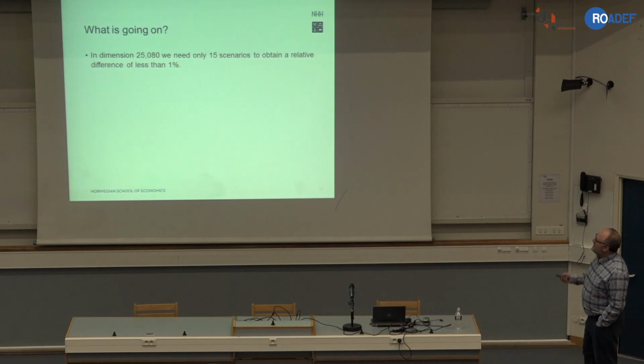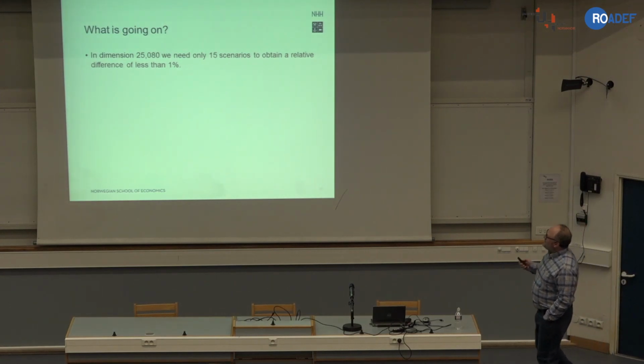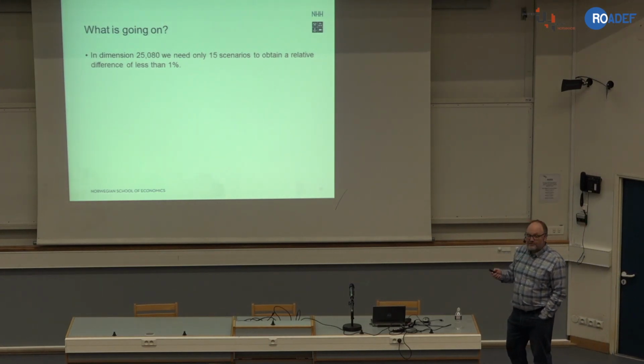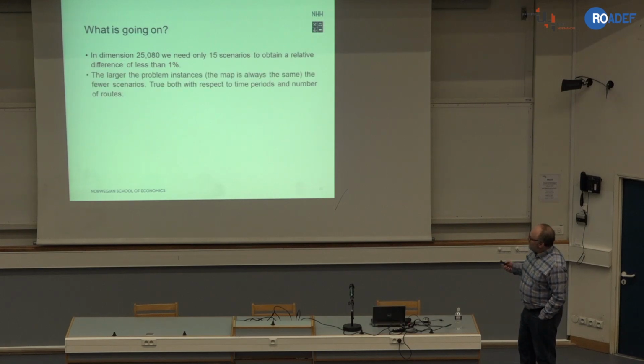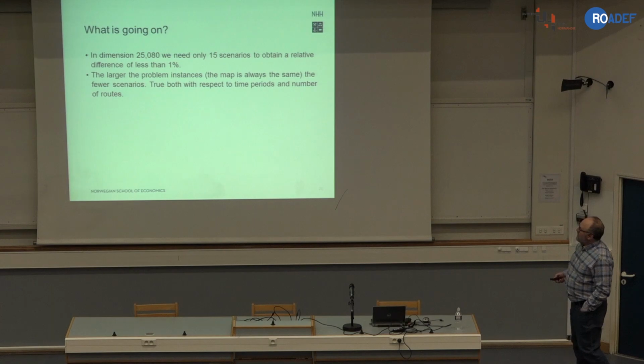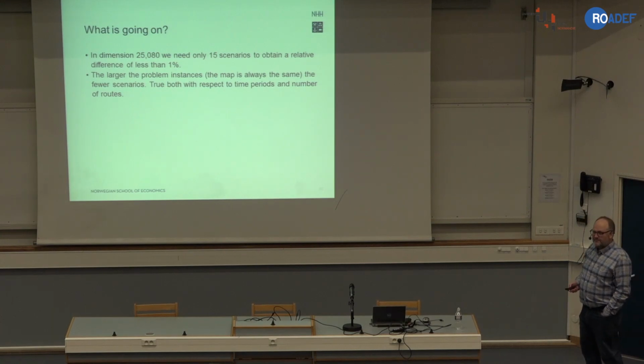So what's going on? Well, in 25,000 dimensions, we need 15 scenarios to obtain the relative difference for the biggest problems. The larger the problem instance, the map is always the same, but larger means more and more time periods and more vehicles, the fewer scenarios we need, which sounds kind of backwards, right?